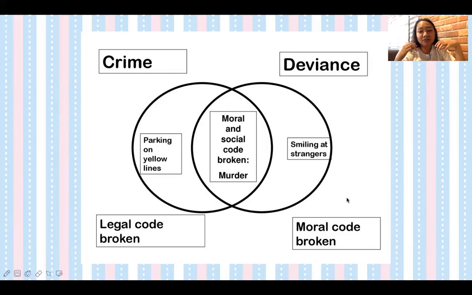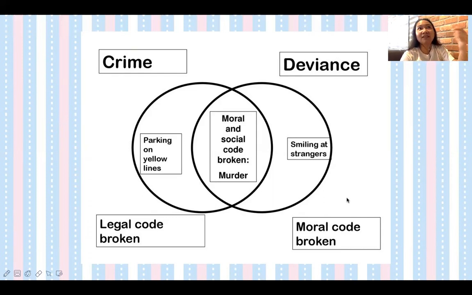There are also instances in which it's only the legal code that is broken and not the moral code. That's why they could be qualified as crime, but not necessarily deviance by the society, because others who would hear about a certain act would even say, why is the person being given a penalty? What's the big deal about that? Questioning, therefore, why we have those legal policies.